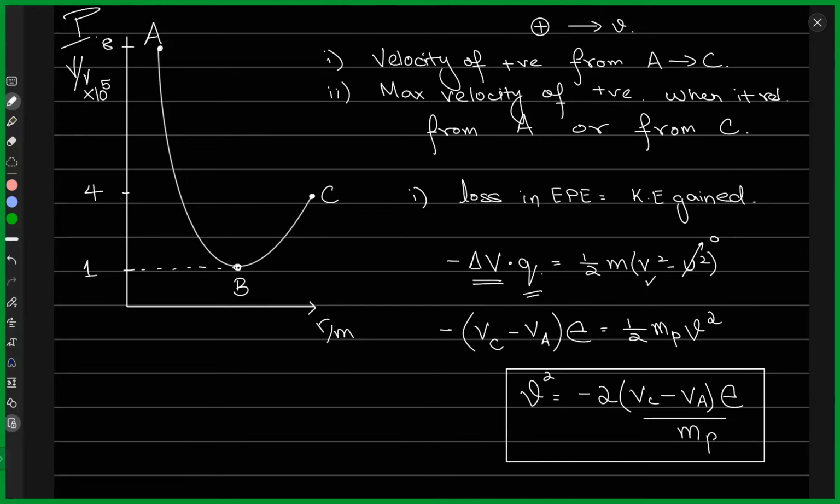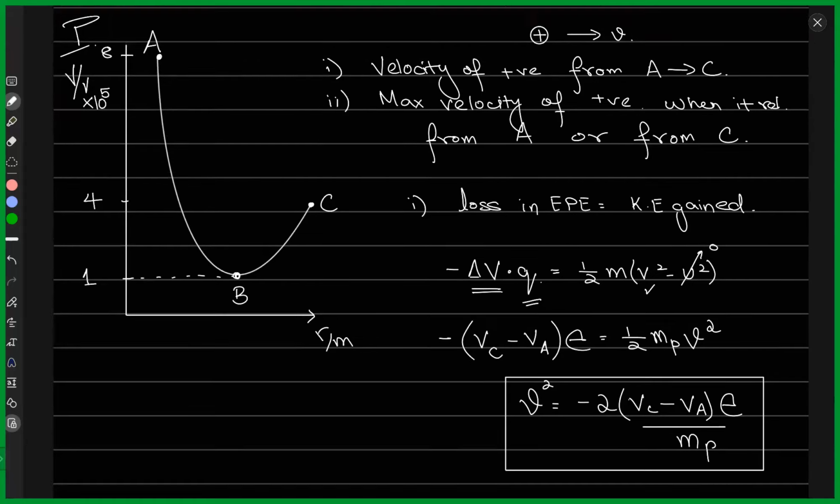Alicia, Anna, Hasib, Omar, clear? Okay, perfect. So that's how you will compute the velocity from A to C.